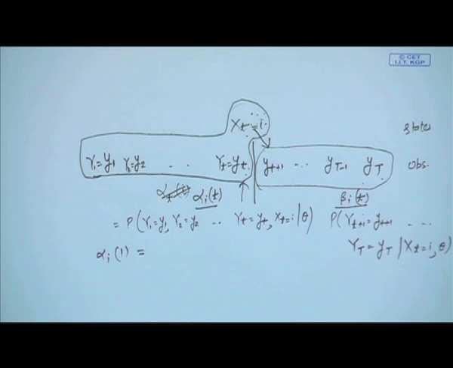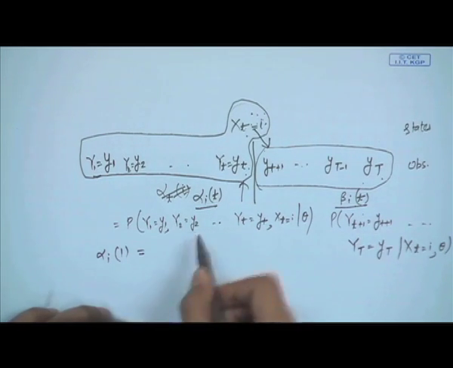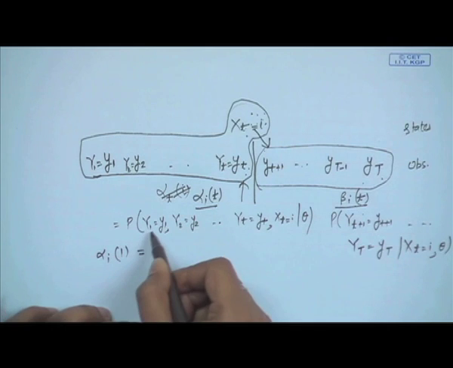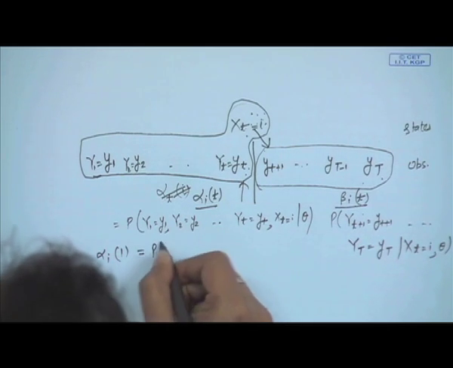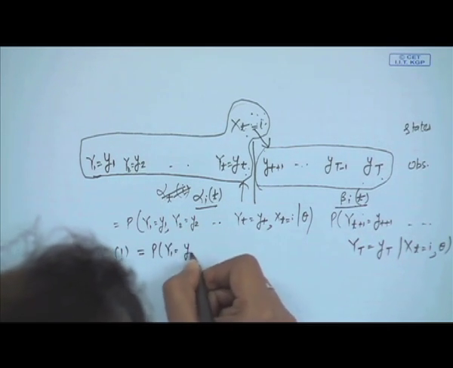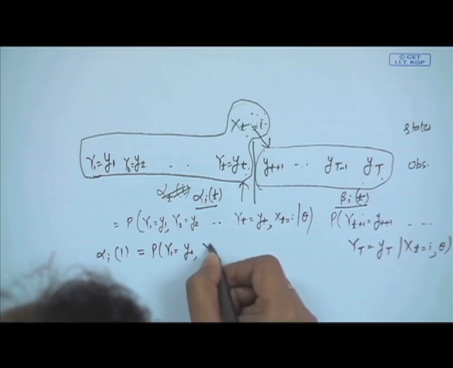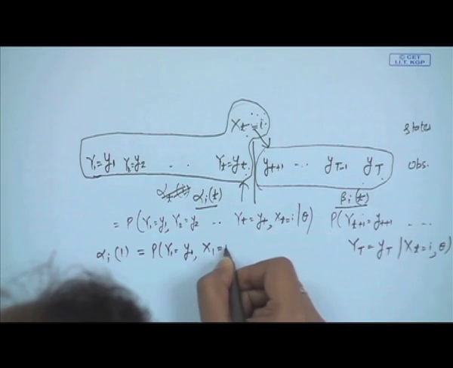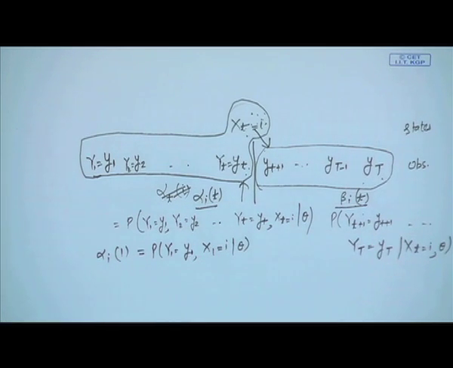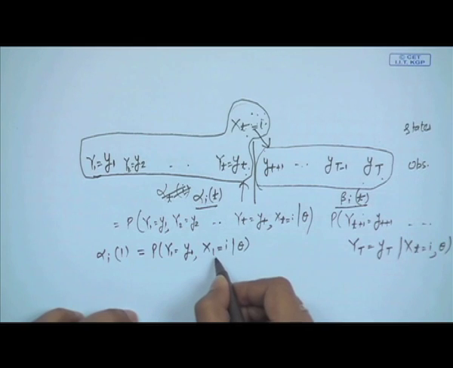Alpha I1, from this equation, is the probability of observing y1 and x1 is I given theta. What is the probability of x1 is equal to I given theta?